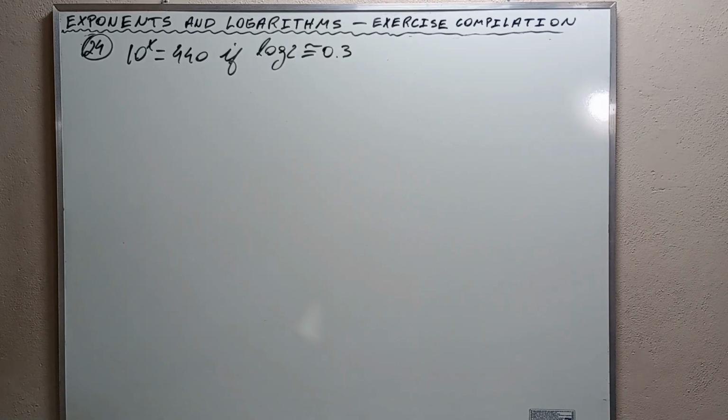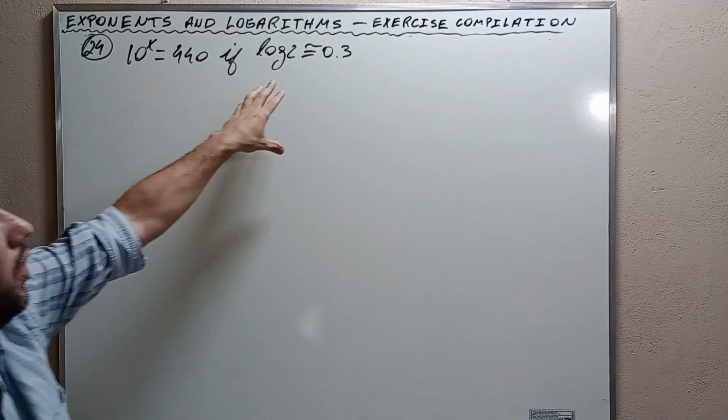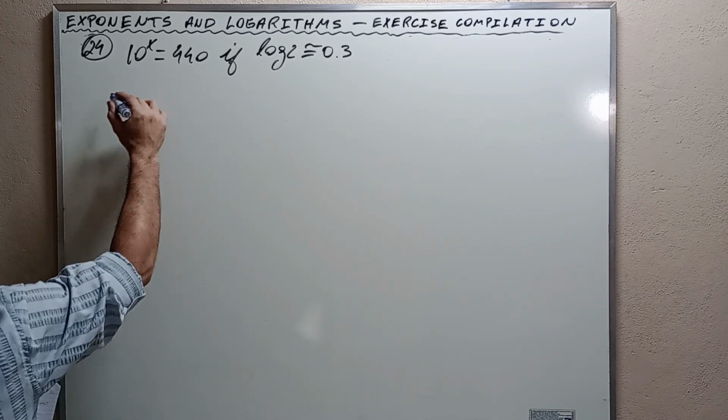Exercise 24. Find an approximate value for x in 10 raised to the power of x equal to 440 if we can make the logarithm of 2 approximately equal to 0.3. Okay, my friends, this is the condition of the exercise. Let's solve it. We are going to use the logarithm in such a way.